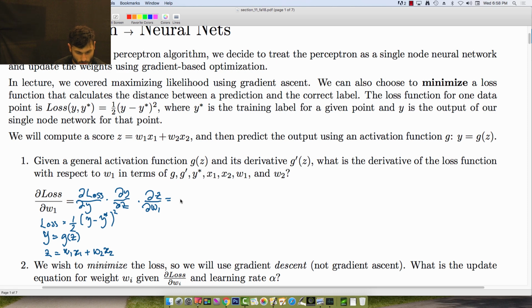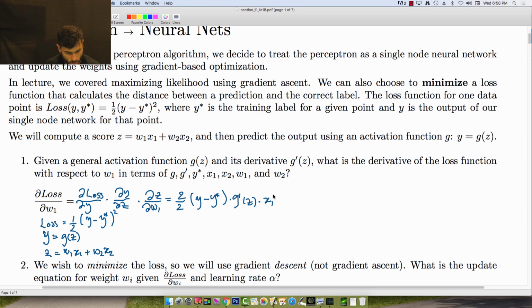So then if we just derive the terms that we have below, we have the first derivative is the same as 2 over 2 times (y minus y star), and then the derivative of y with respect to z is just g prime of z, and then we have that the last derivative is just x1.